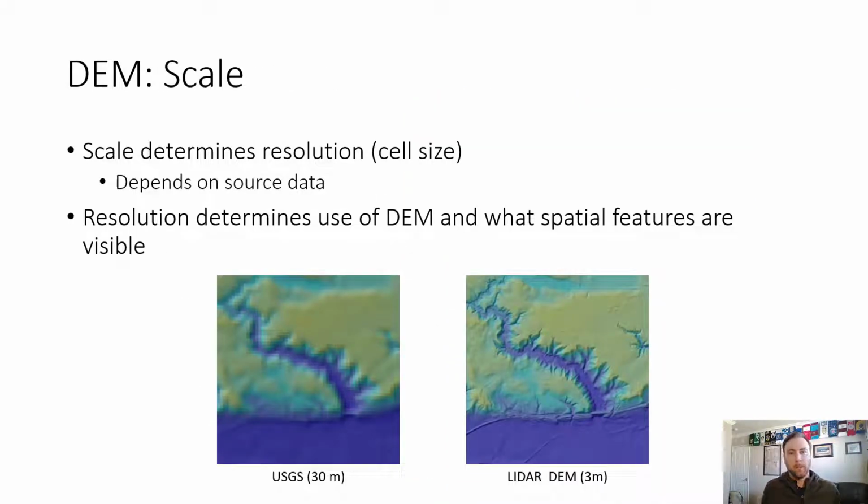Scale determines the resolution, also known as the cell size in this case, and it depends on the source of the data. Older data are going to have lower resolution, newer data higher resolution. Also, an older satellite is going to have lower resolution, and a newer satellite will have higher resolution. Resolution determines the use of the DEM and what spatial features are visible.